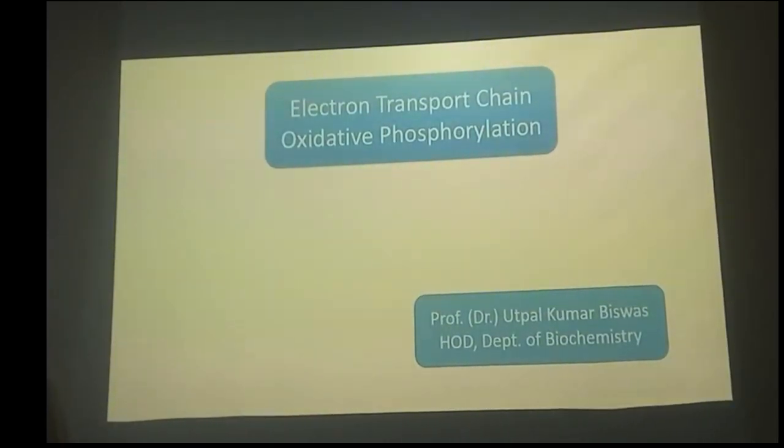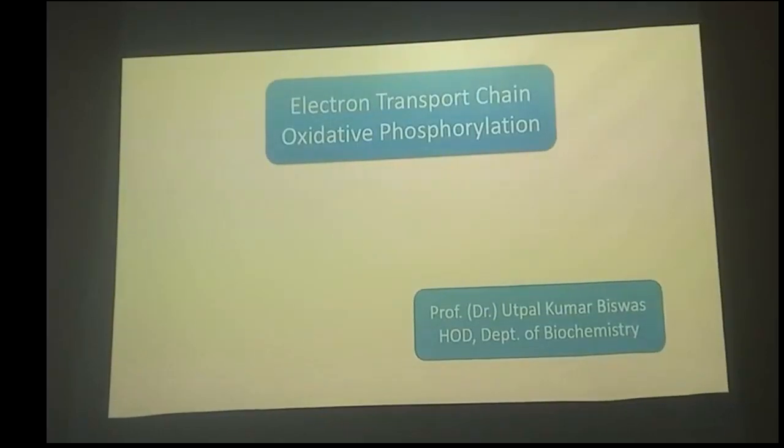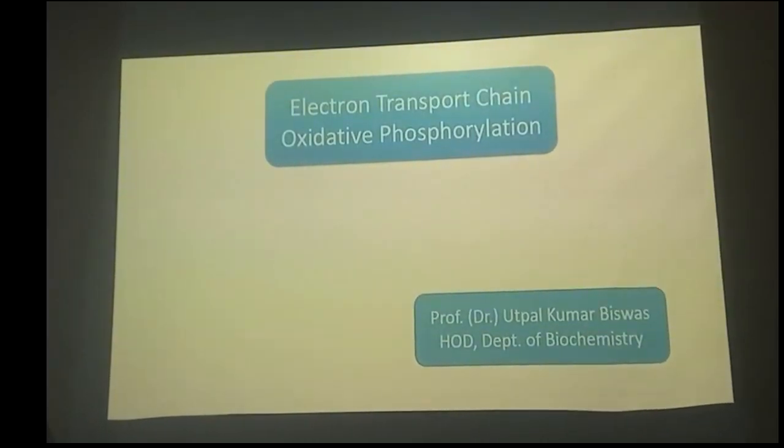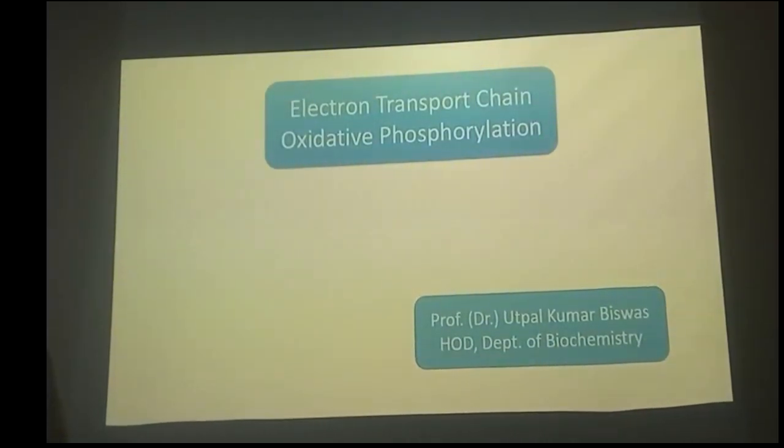ATP hydrolysis is an exergonic reaction which is coupled with some endergonic reaction, thermodynamically making delta G negative and driving the reactions forward.